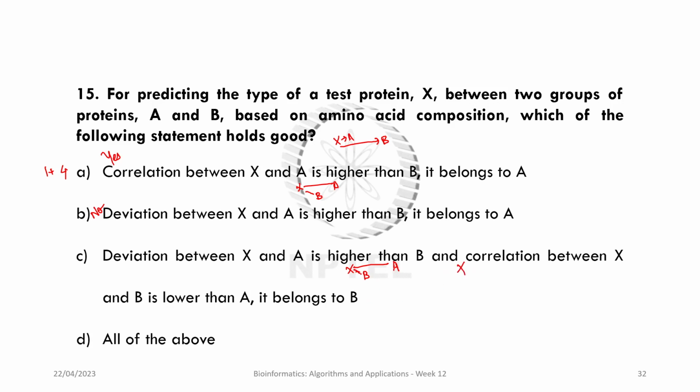If by the first statement X is closer to A than B, then correlation between X and B cannot be lower than X and A. Therefore, it cannot belong to B. So this is no. If the second statement had not been there, C is an equally viable option, right? And since you already have two false options, not all of the above. We go with A.